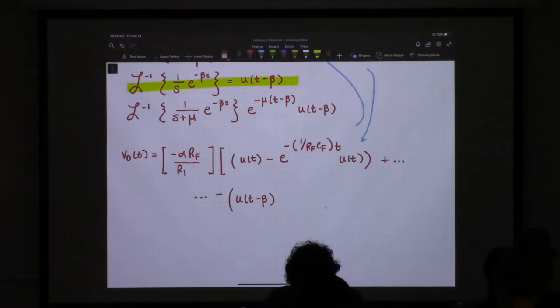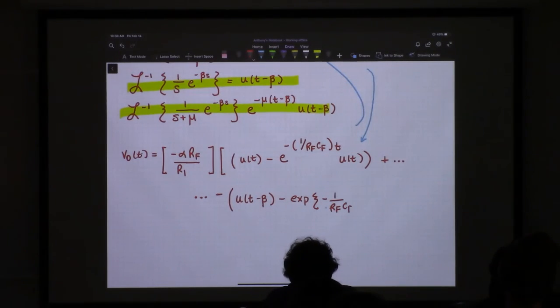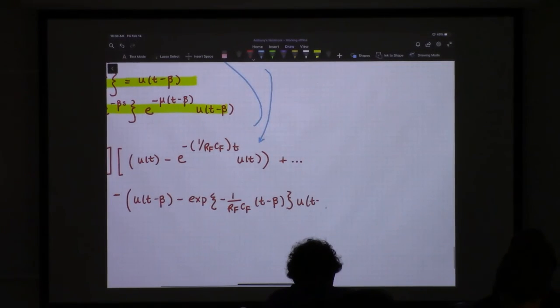And then we have the final element, which uses this one. So that will give us minus, and actually, I'm going to write it using this form. This will be so much easier. exp just means e to the. So negative 1 over RF CF t minus beta u of t minus beta.